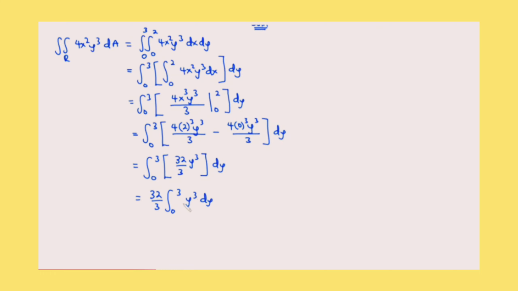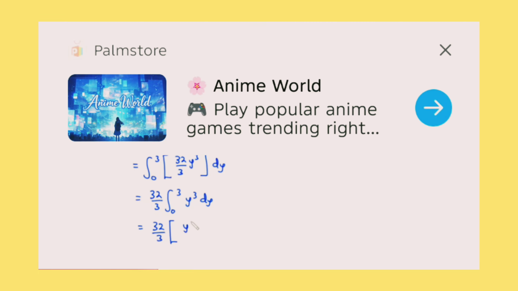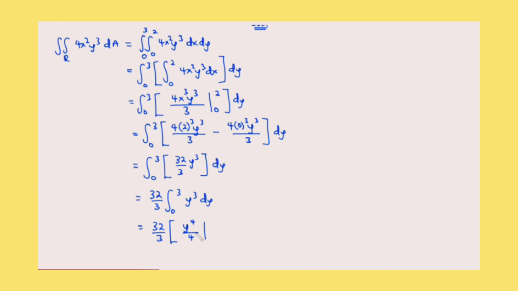Next, we are going to integrate this function with respect to y. So that is basically equal to, we increase the exponent on y by 1, we divide by the new exponent on y, and we have the limit from 0 to 3.